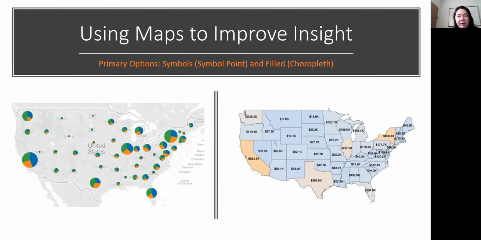Tableau does have other options, which you can explore on your own. I will only go through these 2 because these are the most common. Rather than going through every single option possible, in the notes there is a link to the general website for Tableau that goes through the maps, so you can click there and explore the other map types if you want.